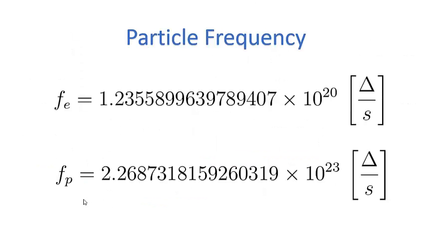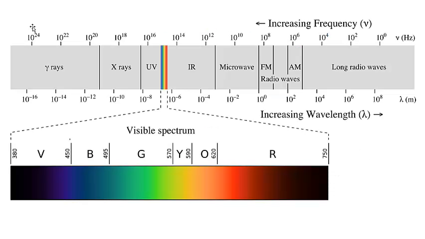So now let's look at the proton frequency. The proton frequency is in the order of 10 to the 23 hertz, and 10 to the 23 hertz is right smack in the middle of the gamma rays.